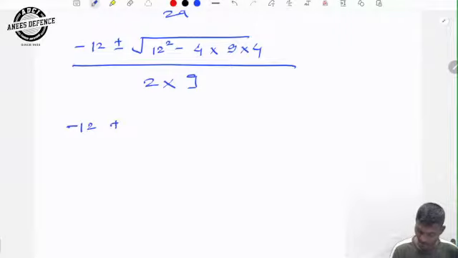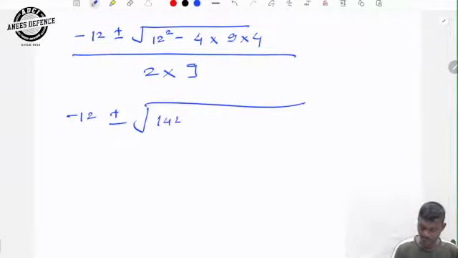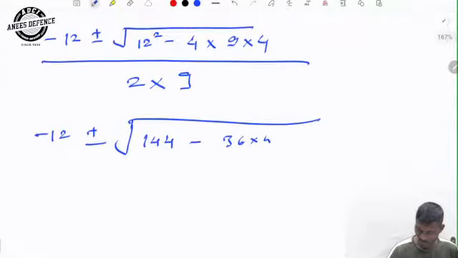Minus 12 plus minus under root. The square of 12 is 144. I am multiplying these three, 36 into 4, again 144.